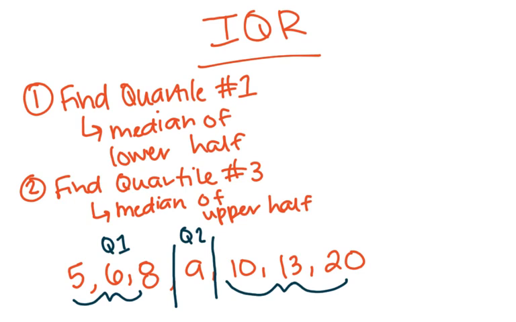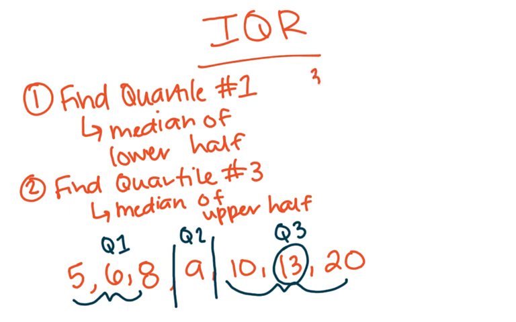Okay, 10, 13, 20 is our upper half. So our median of 10, 13, 20 is going to be 13. So that is quartile 3. So you've got your quartiles. You have quartile 1 being 6 and quartile 3 being 13.